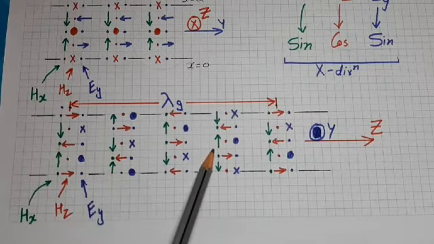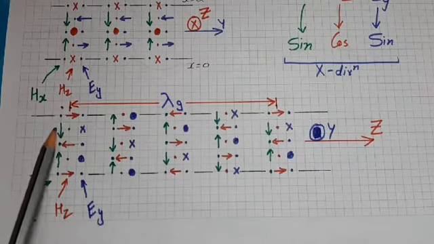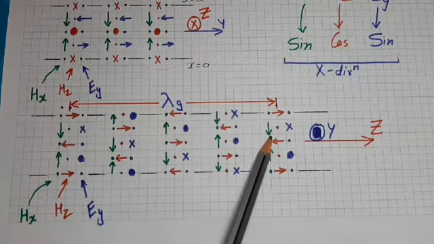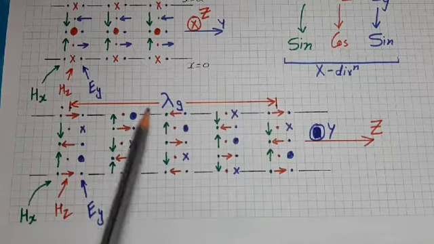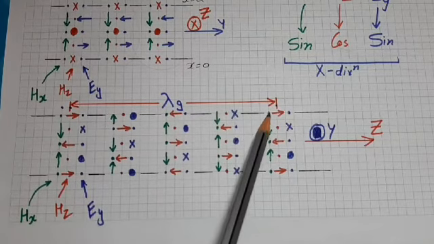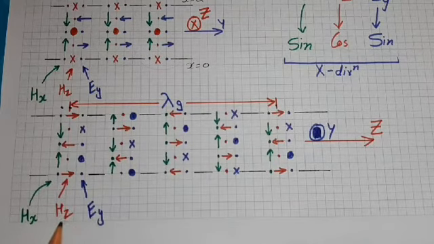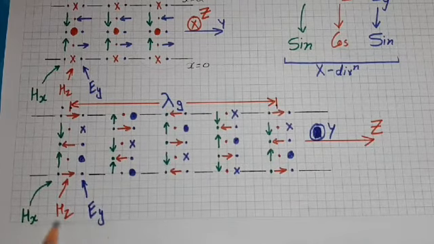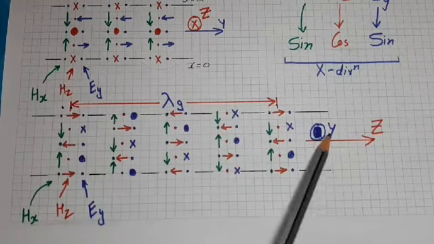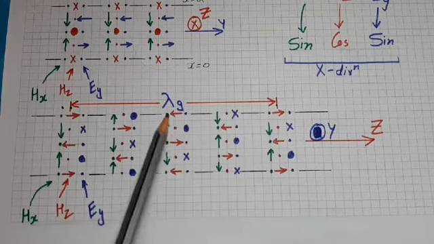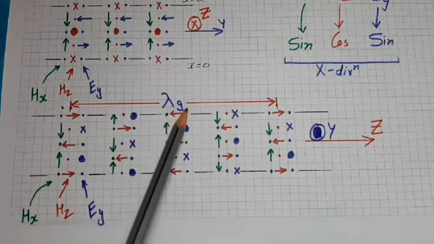Then 0, then positive max, then 0. Negative max, 0, positive max, 0, negative max. 0, positive max, 0, negative max, then again 0. So in this way, all fields, that is hx, hz and Ey, will vary sinusoidally in z direction with wavelength lambda g. So this was all about TE2 mode.